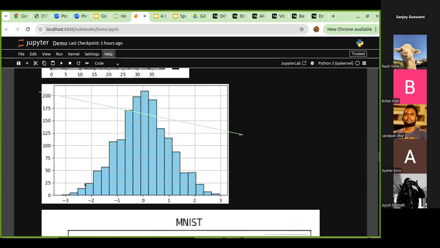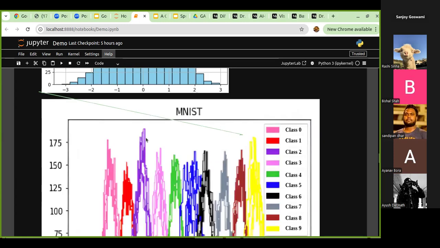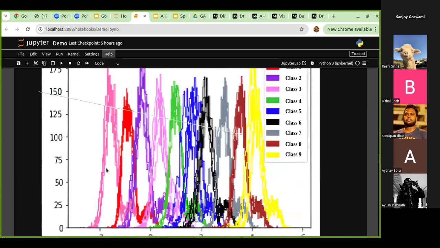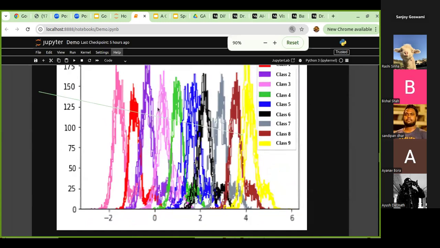In a histogram, what we used to do is take the ranges of some data on the x-axis, and the frequency, the number of data present in a particular category or range, and then plot the histogram. If there is only one peak, this kind of histogram is called a unimodal distribution. But if there are multiple peaks, then we call it a multimodal distribution.